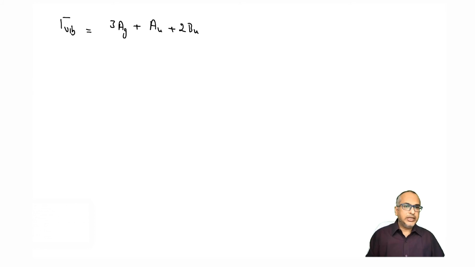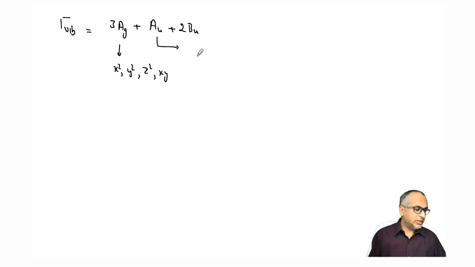Ag has the basis as x squared, y squared, z squared, xy. Au has the basis as z, and Bu has the basis as x and y, right?